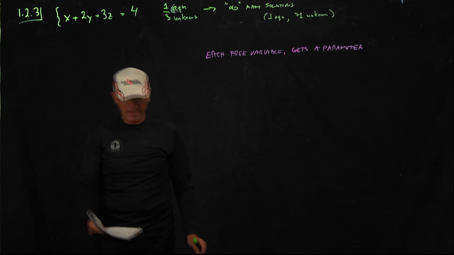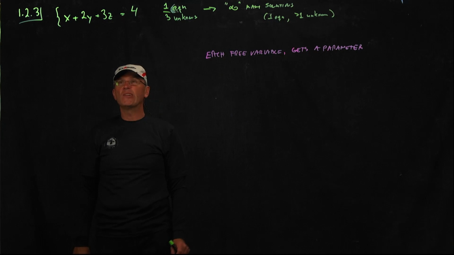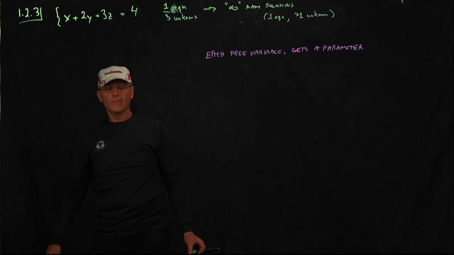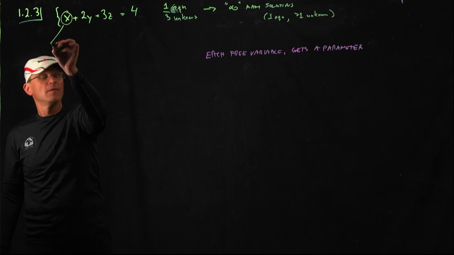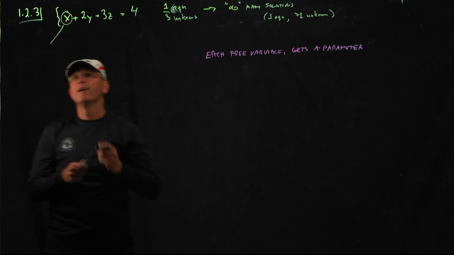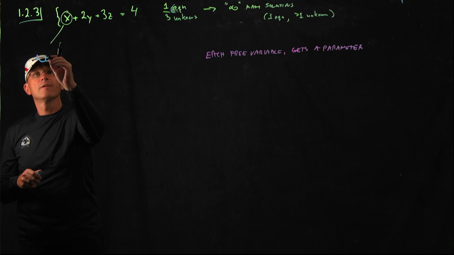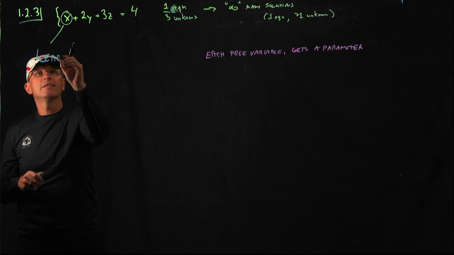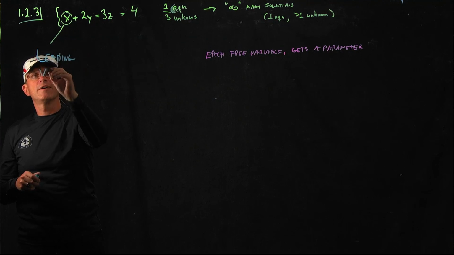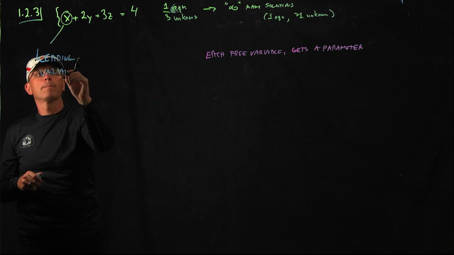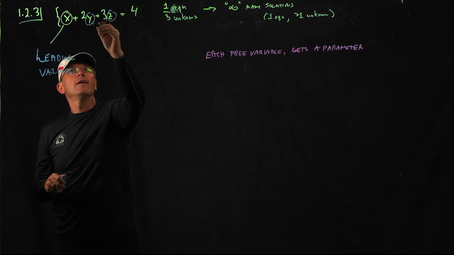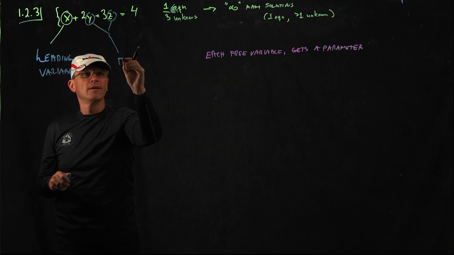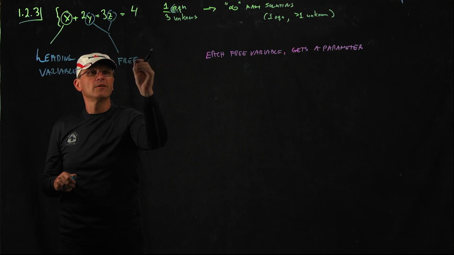So what do we have? Well, there's no elimination to be done because it's already done for us. So x, that's our leading variable. That's a strange L, leading variable. And y and z are the free variables.